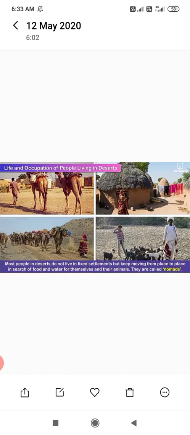So, most people in deserts do not live in fixed settlements, but keep moving from place to place in search of food and water for themselves and for their animals. These people are called nomads.